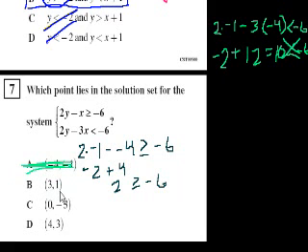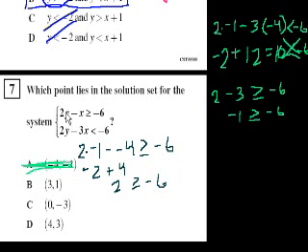Let's try the second one. 3 comma 1. So y is 1. So it becomes 2 times 1, which is just 2, minus 3. Is that greater than or equal to negative 6? So you get negative 1 is definitely greater than negative 6. So this satisfies the first equation. Does it satisfy the second one? 2 times y, 2 times 1 is 2, minus 3 times 3.